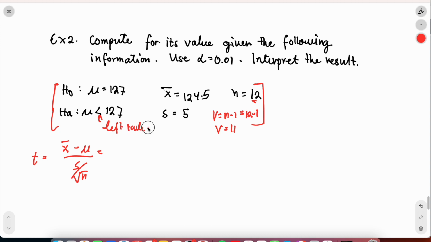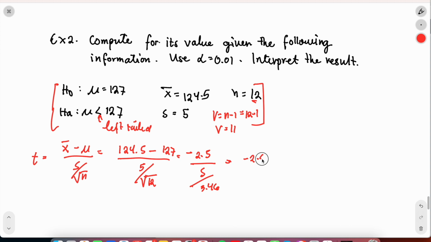So x bar is 124.5 minus mu, which is 127, over s, our sample standard deviation, over square root of n, 12. This is negative 2.5 over 5 over 3.46. Therefore, we have negative 2.5 over 1.44. Therefore, our t is negative 1.736.